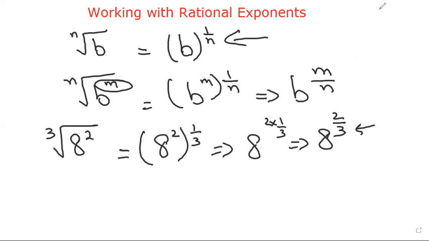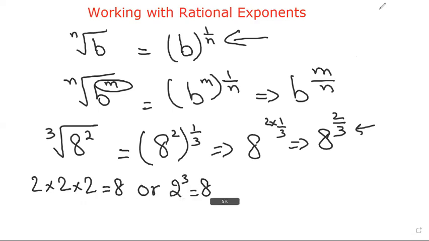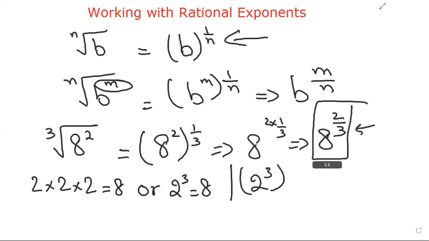I know that 2 times 2 times 2 is equal to 8, or I can also write 2 to the power 3 is equal to 8. So can I just replace it with 2 to the power 3? Yes, I can. So I simply replace my 8 with 2 to the power 3, and I know that this 8 has 2 by 3 as well, so I put 2 by 3 as it is.